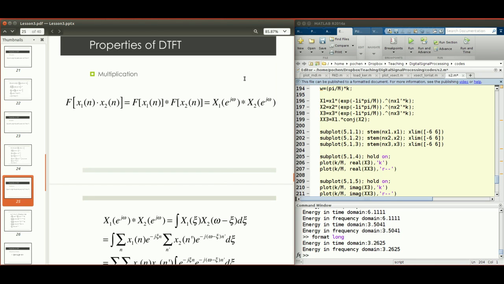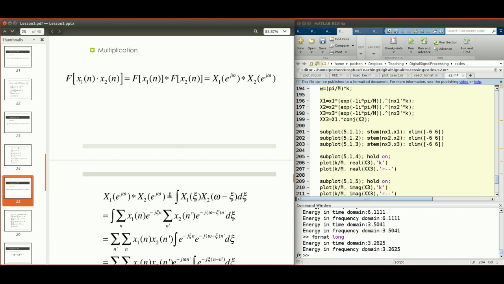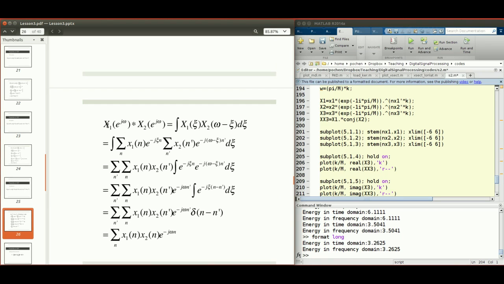If you do the convolution, then you have to use not the summation, but an integral here, because x1 and x2 are functions of a continuous omega. So now you have to replace summation with the integral. If you are using a summation, then you have two indices, right?